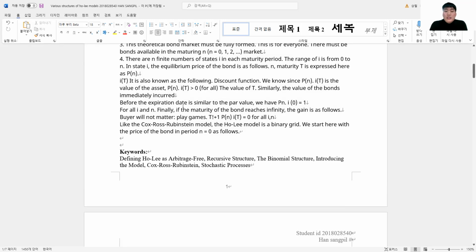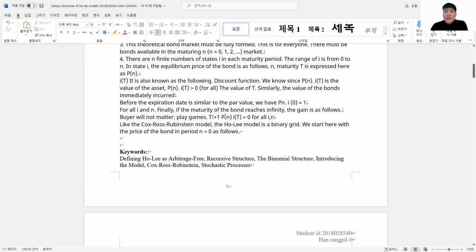Finally, if the maturity of the bond reaches infinity, the gain follows.